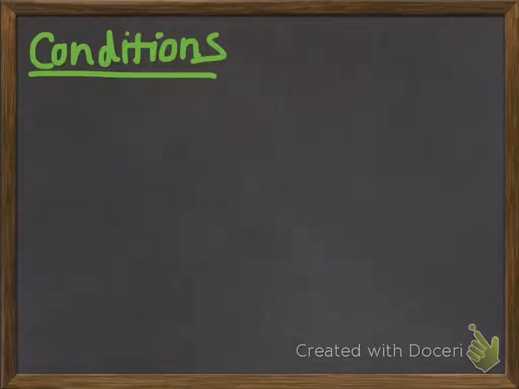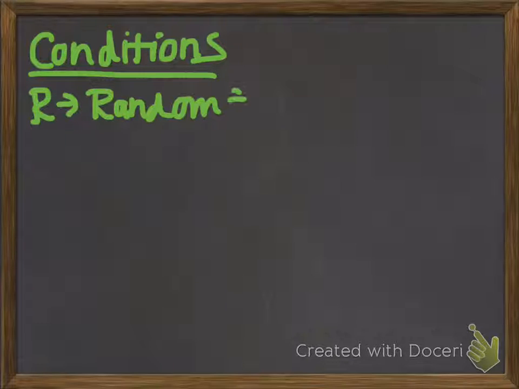Moving on to the next page, we're now ready to begin the actual problem. So we're going to check our conditions. We could do the state step. If we did the state step, the state says we want a 95% confidence interval for the mean difference. It's just restating the question. The conditions: random, it is stated.